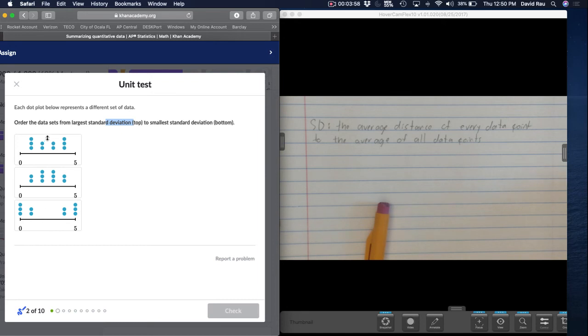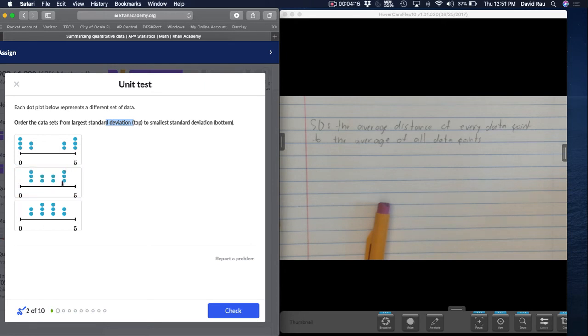And the question is, which of these has data points that are furthest apart from the middle either way? And it's obviously this one right here. From there, the question between these two is which one has data points that are still further away, and this is actually correct.